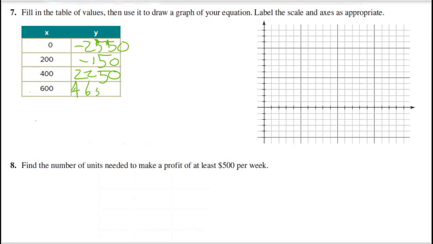And fill in the table of values, and then use it to draw a graph of your equation.